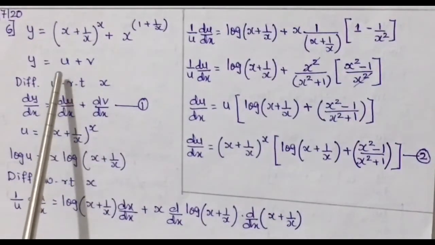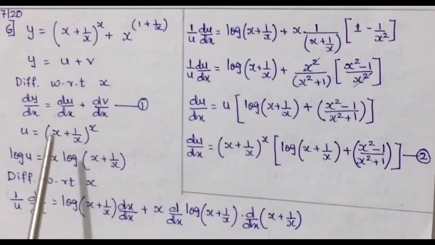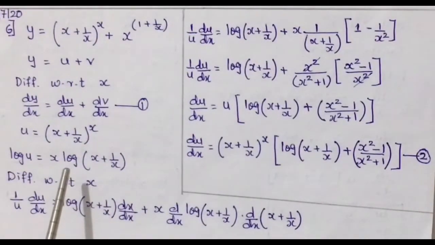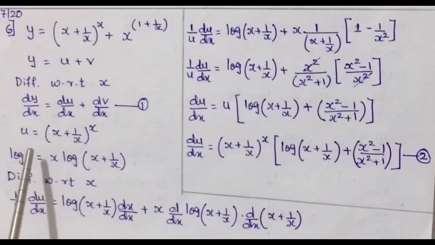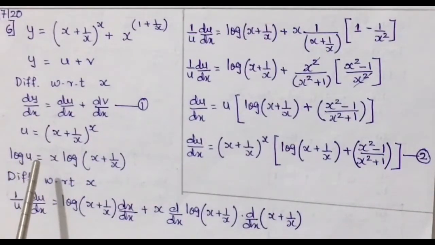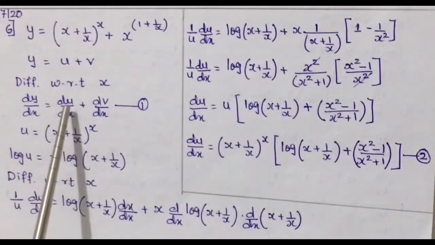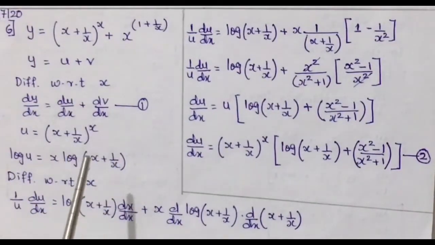Now we will take u as the first term, that is (x plus 1 by x) raised to x. We will differentiate u separately, calculate du by dx, and then put it in statement number 1.